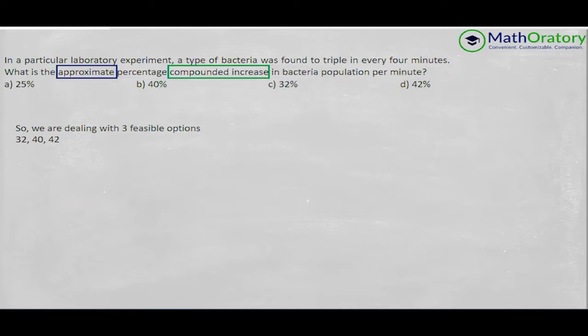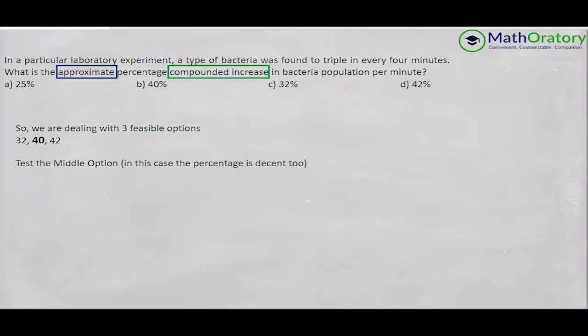In these kind of cases, always look at the middle one, because the middle option will indicate not only whether that is the correct answer or not, but it would also indicate whether the actual answer should be more than it or less than it. So if you are testing out with options, you can test with the middle one. And in this case, you can see that 40% is a pretty decent number.